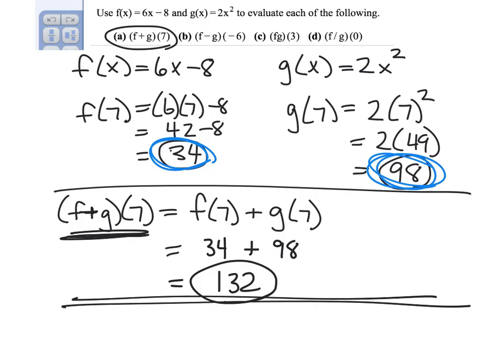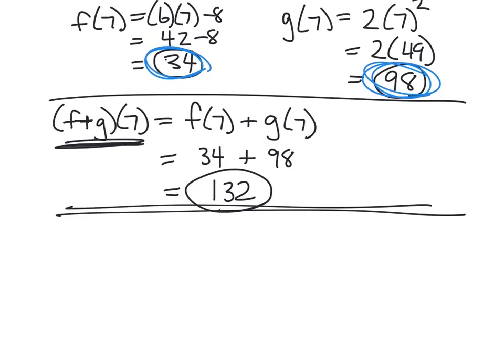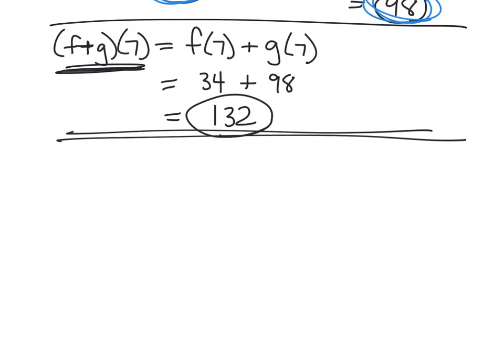All right, so now we're going to do the same thing, only now it's going to be f minus g of negative 6. So I have to copy the formulas.